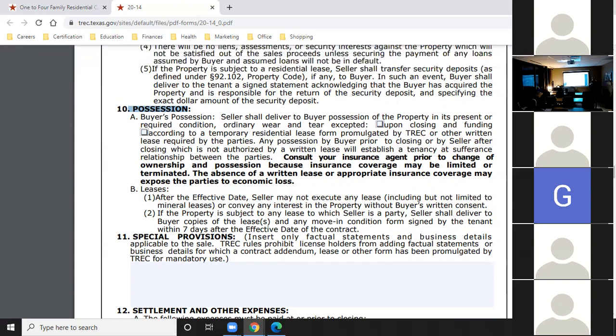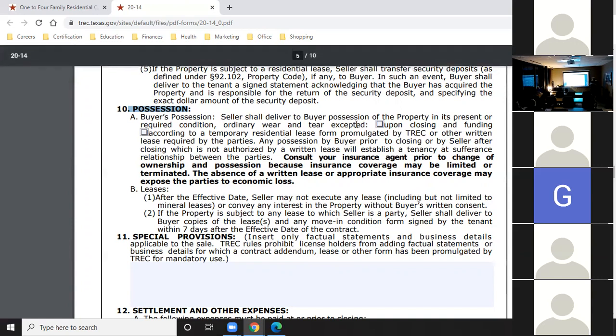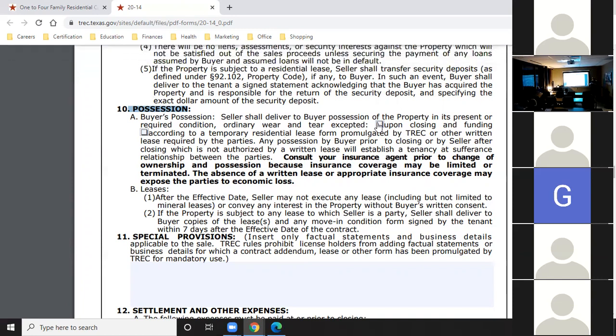I don't remember reading that. Anybody know? Possession will be at closing and funding, unless the parties want to negotiate otherwise.